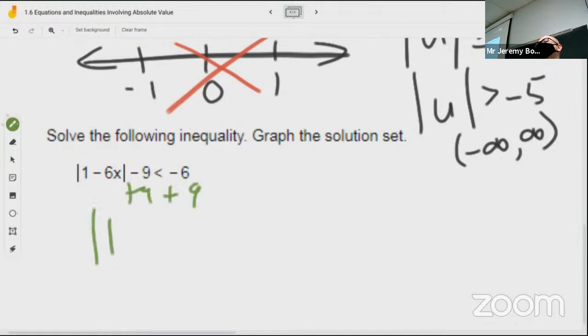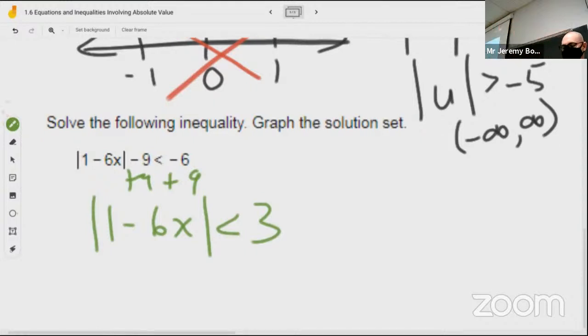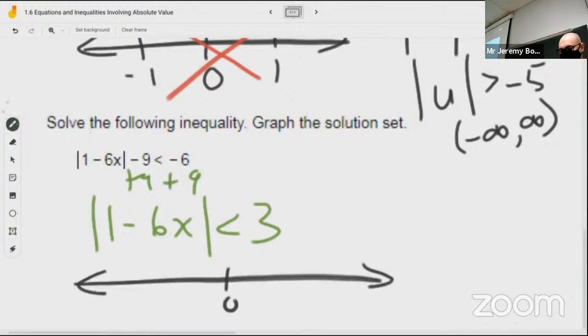So we end up with the absolute value of 1 minus 6x is less than 3. That is going to have a solution. I'll guarantee you it does. And if it's less than 3, basically that's what it's saying, that we've got our 0, we've got our 3, we've got our -3.